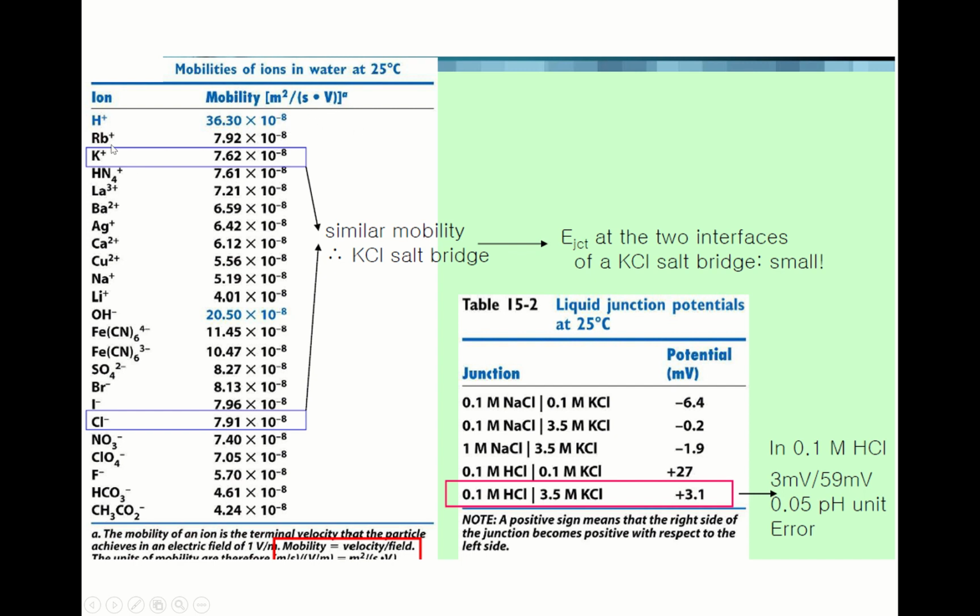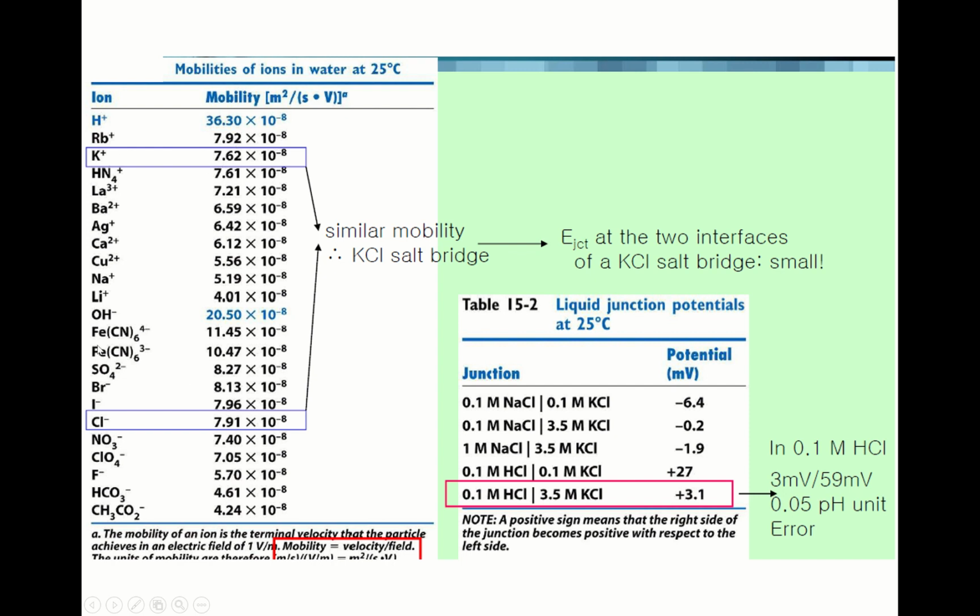What is important is that you look at these numbers. The smaller ions have a higher mobility. So, for example, this proton ion is quite small, so its mobility is the largest one here. Rubidium mobility is also not small, and potassium like that.